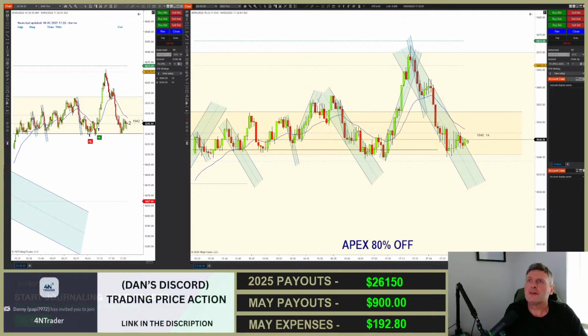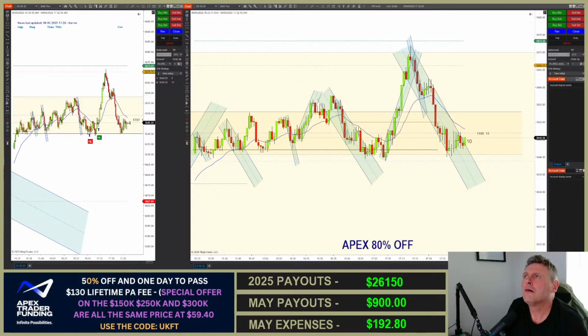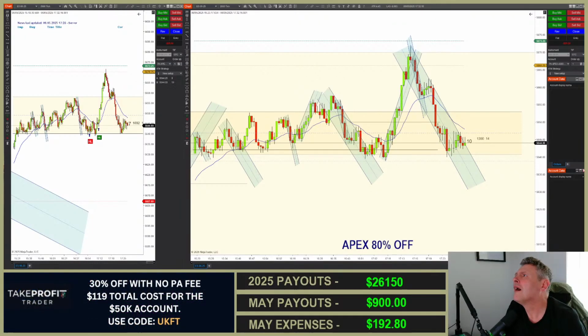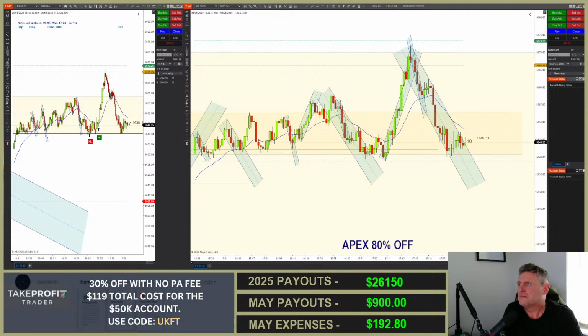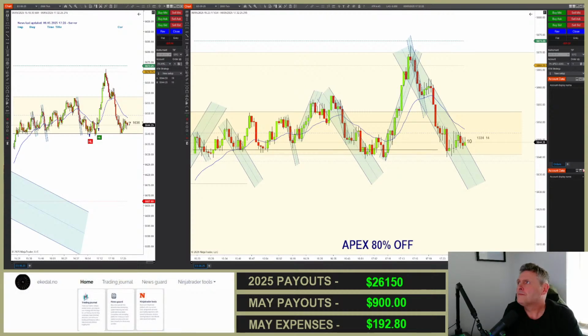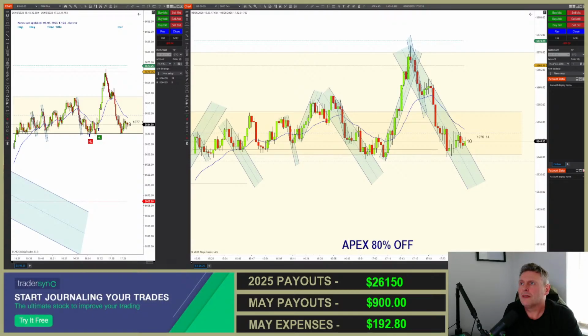See how everybody else is doing. How's Nutty doing? I've never seen yellow before on Nutty's chart. Nutty's having a blinding day, isn't he? He's having a good day, I think.